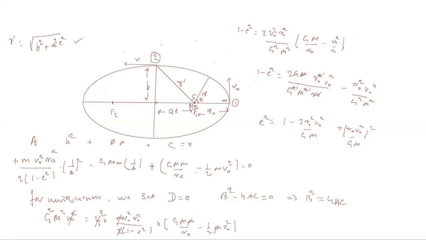Now we write this e square as equal to 1 minus r naught v naught square by GM whole square. So for eccentricity, we have the following formula.